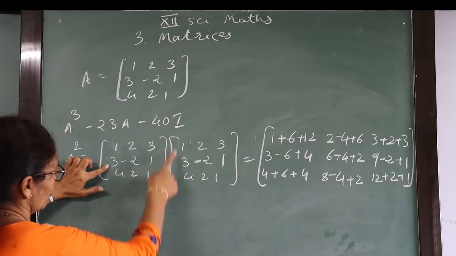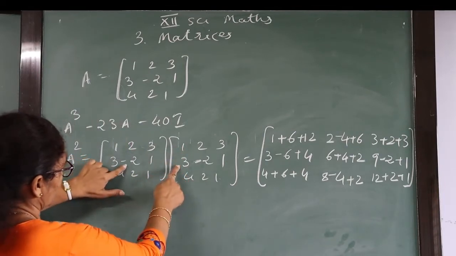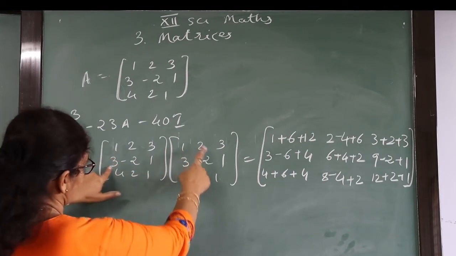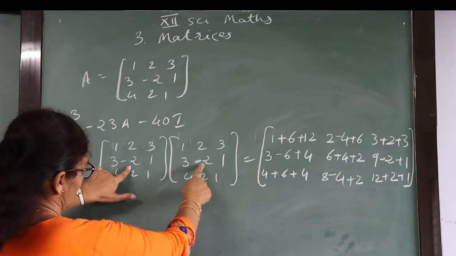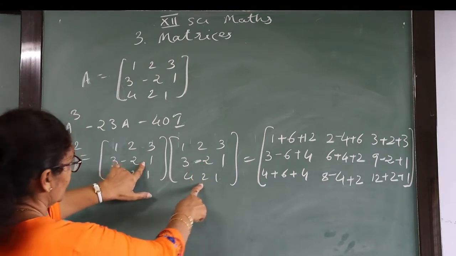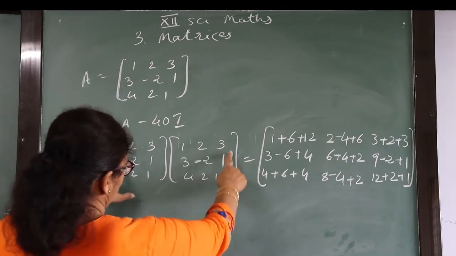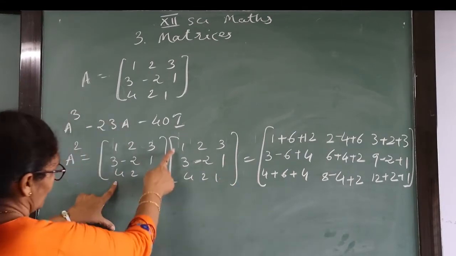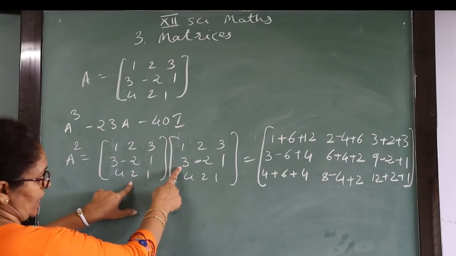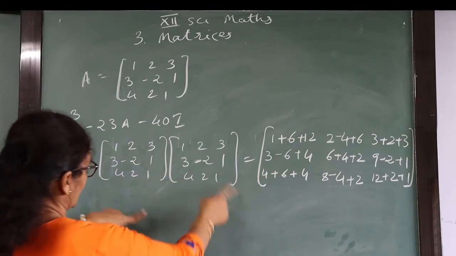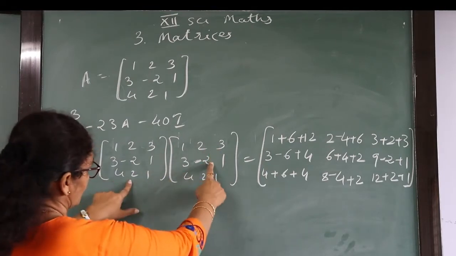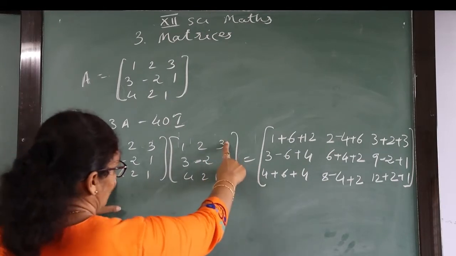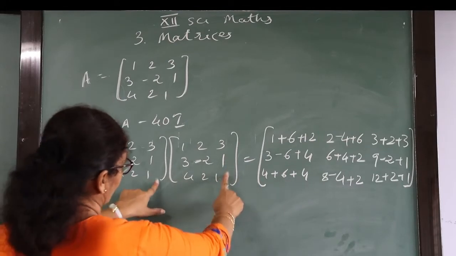Let's start with the second row. 3 1s are 3, 3 2s are 6, and 4 1s are 4. 3 2s are 6, 2 2s are 4, minus minus plus, and 2 1s are 2. Same way 3 3s are 9, then 2 1s are 2, and 1 1s are 1. And last row: 4 1s are 4, 3 2s are 6, and 4 1s are 4. Similar way 4 2s are 8, 2 2s are 4 with minus sign minus 4, and 2 1s are 2. And last, 4 3s are 12, 2 1s are 2, and 1 1s are 1.